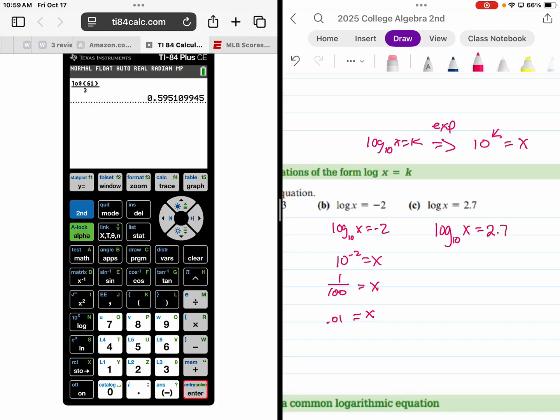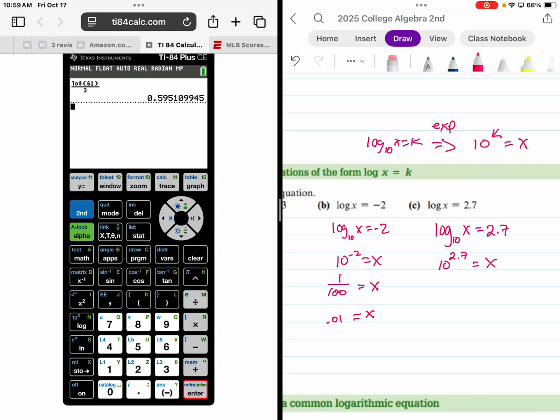Sometimes we do a bunch of problems and there's another number there, so we see the number, raise it to like the 2.7, and then that's our answer. But now when there's not one really listed, we forget that there's technically a 10 there. So 10 to the 2.7 power is equal to x as I go to rewrite.